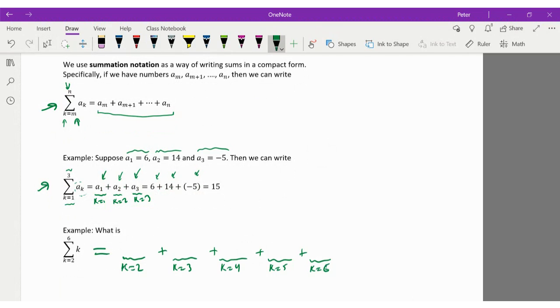And then in each of those, what I want to do is replace the expression after the sigma, which is just k itself, with the value of k. So this expression just means add up the integers from 2 to 6. I replace k with 2, I replace it with 3, 4, 5, and 6, and that gives me 20.